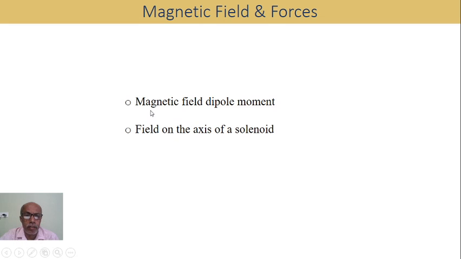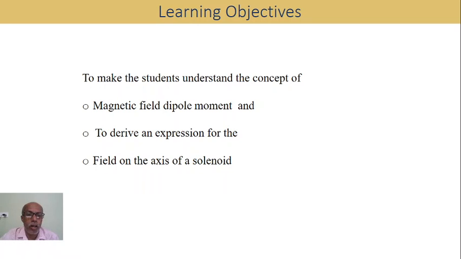We will study the magnetic field due to the dipole moment, and we also study the field on the axis of a solenoid. The learning objectives are: students understand the concepts of magnetic dipole moment and learn to derive the expression for the field on the axis of a solenoid.